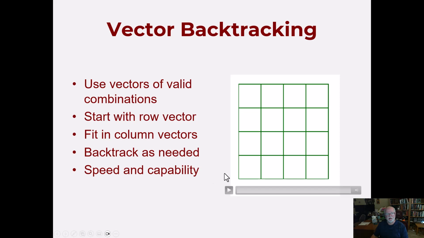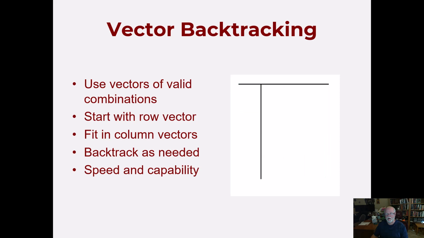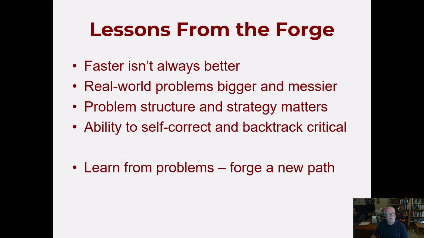And so I think that by adding the speed of dynamic programming with the robustness of vectors and backtracking, it is going to give us a heck of a good way to do it. Unfortunately, I couldn't get it done in time for the project, but I truly think that this is a really interesting direction for the future.